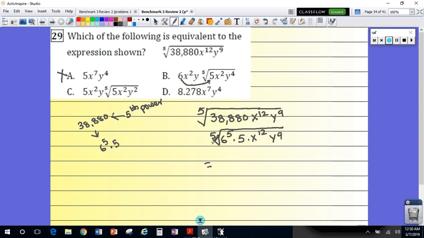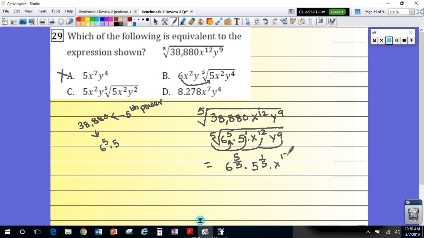Right. So which equals, bring this 5 to every part of the denominator here. So 6 to the 5th power divided by 5. So what we get here? You bring down this one over here, bring it over here, and bring it over here on the denominator. So this is 5 to the exponent 1 over 5.